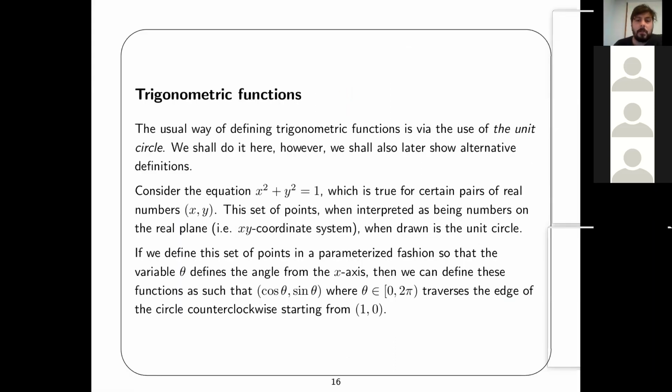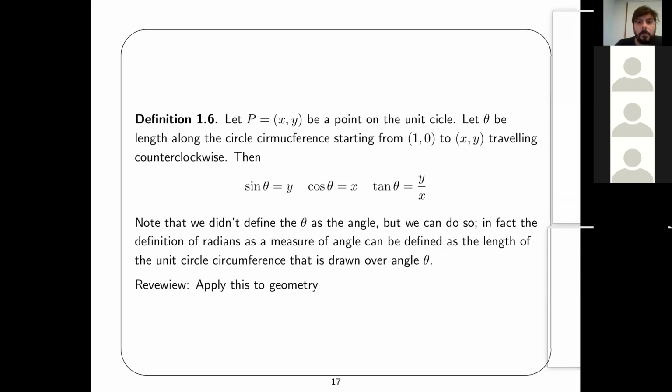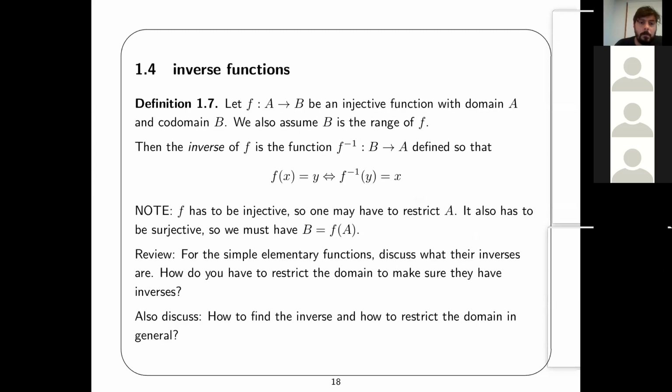Here's the same thing, really, what we talked about there, but I think the book had a nicer picture, so we moved there. Apply this to geometry. We already talked about the inverses of functions. So we have this definition: f of x is y if and only if the inverse of f at y is x. And this needs to be injective because otherwise this equation's right-hand side would have many solutions.